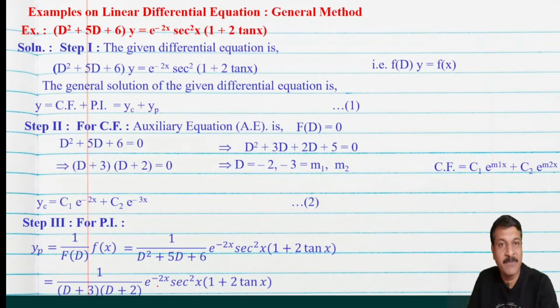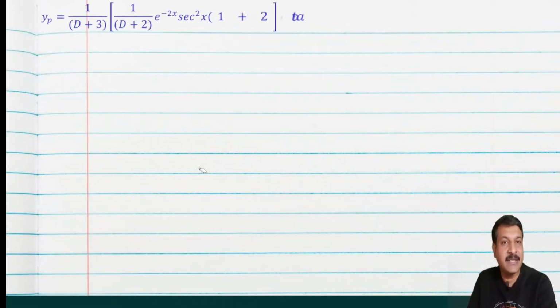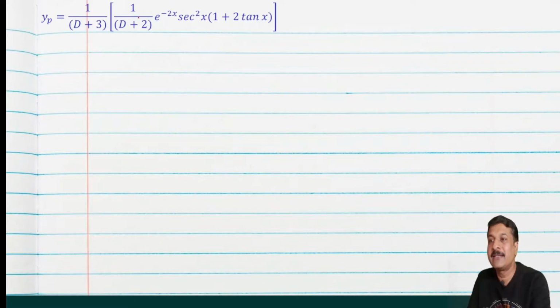Note that here I can use partial fractions, meaning I can separate this and operate separately. But instead of that I am using one by one. For the first factor, I will operate on f(x). So I am getting 1/(D + 3) as it is, and 1/(D + 2) operating on f(x). So I am getting this much.